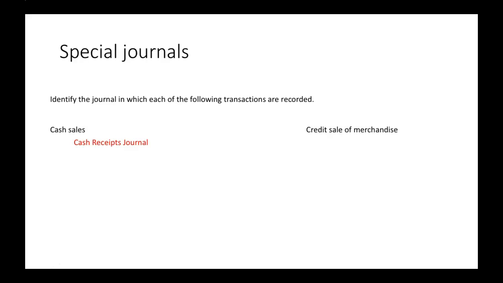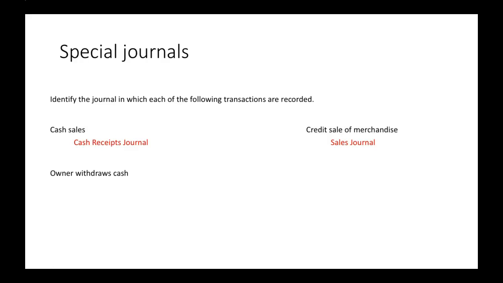If you made a sale of merchandise on account, that's the definition of what goes into the sales journal. Now make sure that for something to go into the sales journal, it fits all of that criteria. It has to be a sale, it has to be of merchandise, and it has to be on account. All 3 of those must be true.